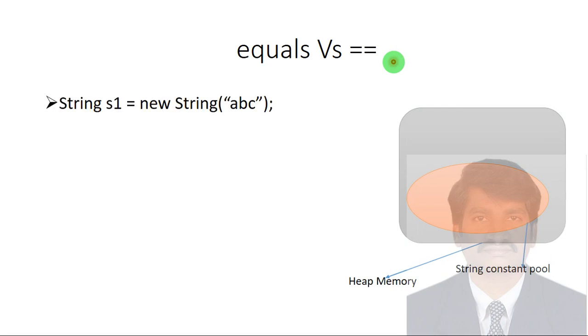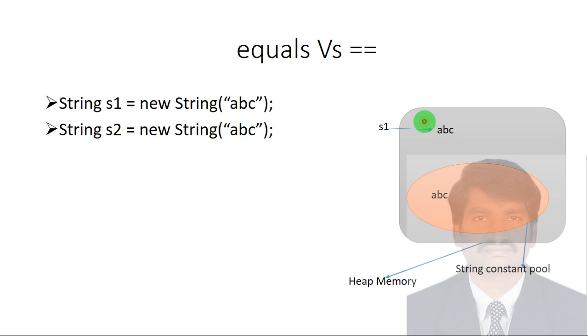Now I am going to create string using new keyword. String s1 is equal to new string of abc. It will create two objects, one in heap memory, another one in string constant pool. But the reference will point to the object which got created in heap memory. Second one, I'm trying to create the object with same content, that is string s2 is equal to new string of abc.